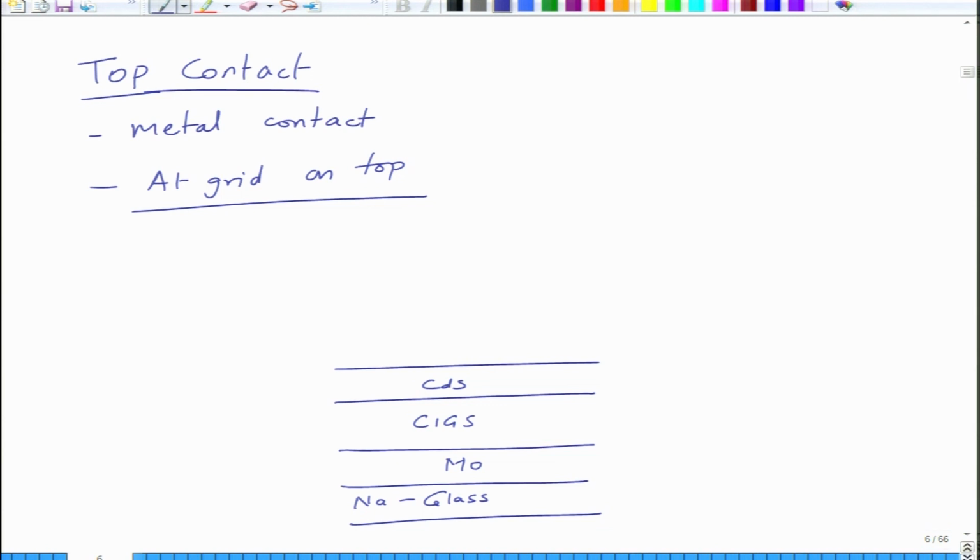So, that is why when you deposit CDS on CIGS, the diffusion of the compound formation takes place at the interface, and CDS diffusion into CIGS may occur. And then we have ZnO, and then on top we have these metal contacts, which is, let us say, aluminum, or it could also be nickel.